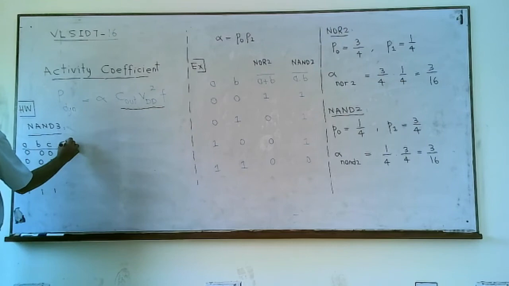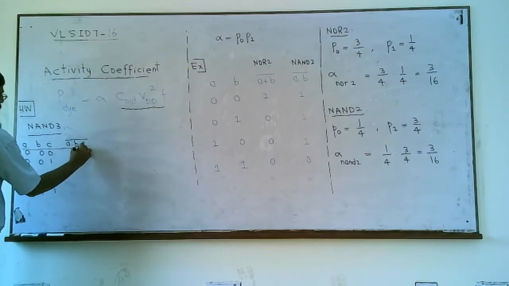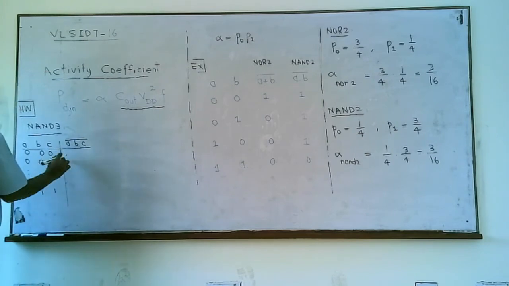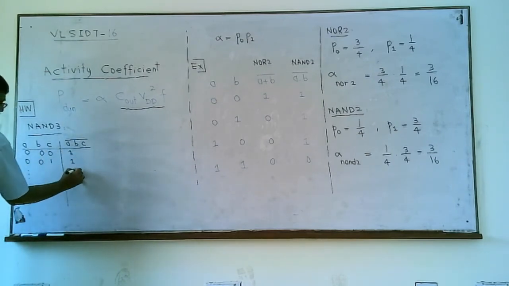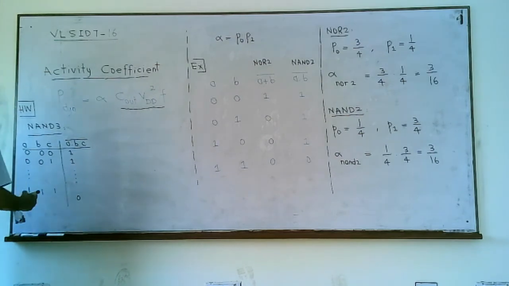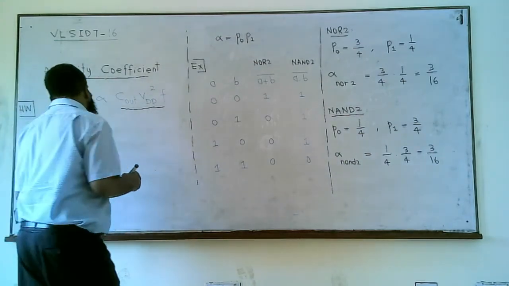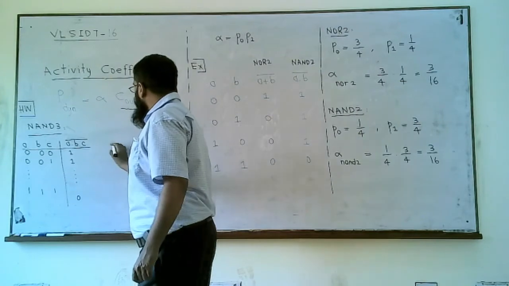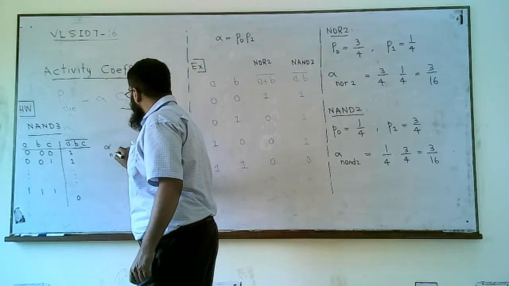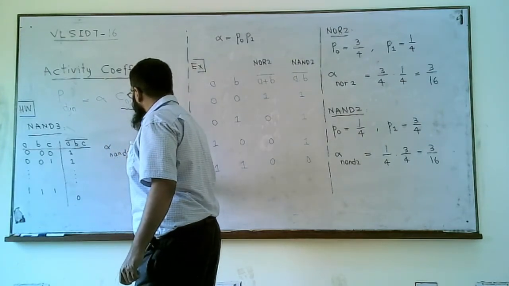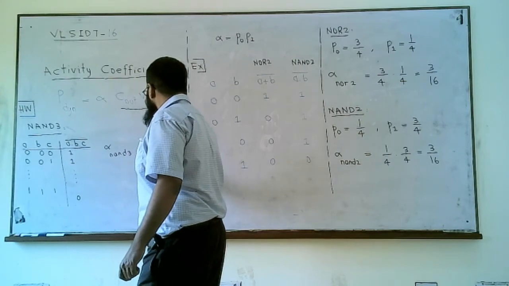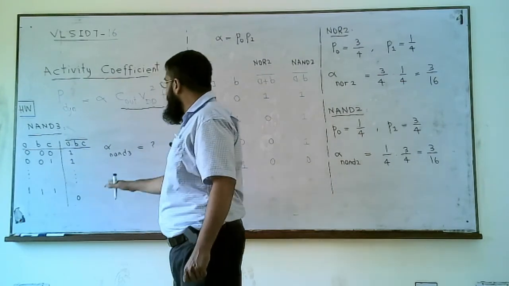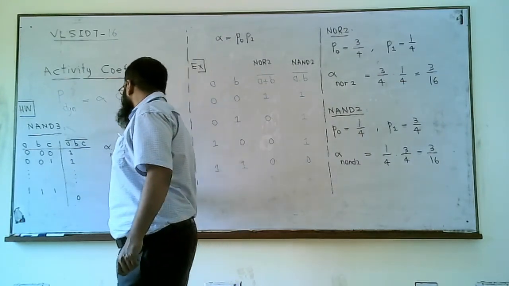NAND 3 would be A dot B dot C, the whole complemented. This would be 1, this would be 1, and finally this would be 0. So you are to compute alpha for NAND 3. This is your homework. You will complete this table and compute this alpha.